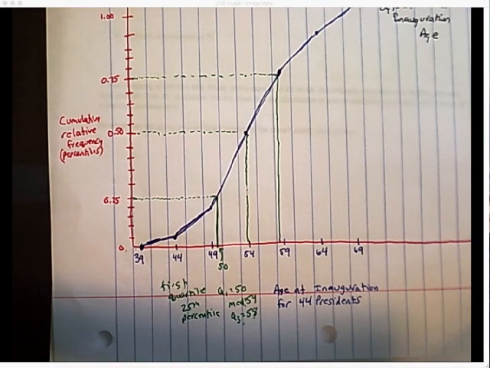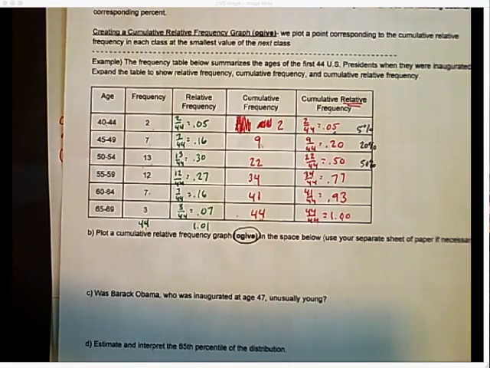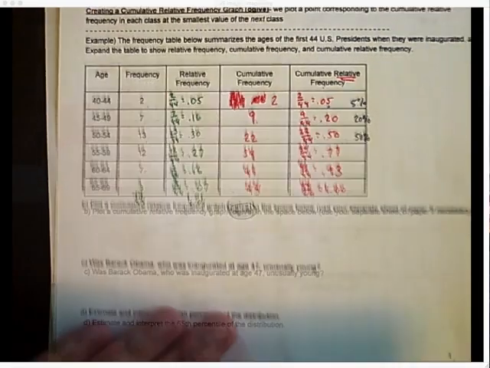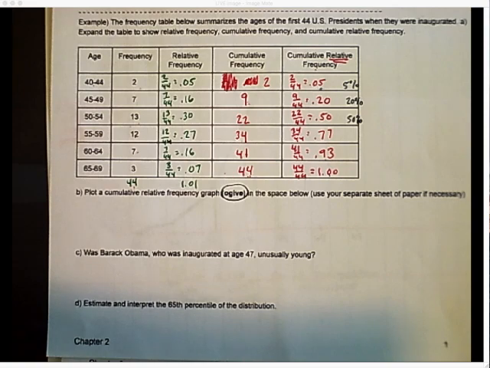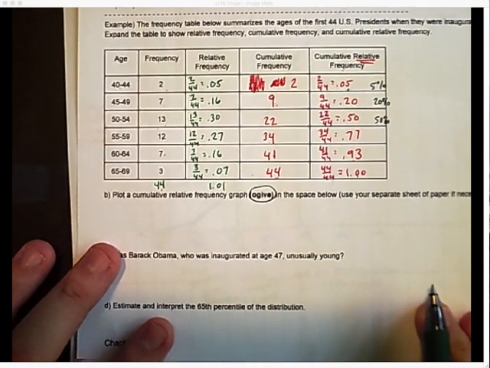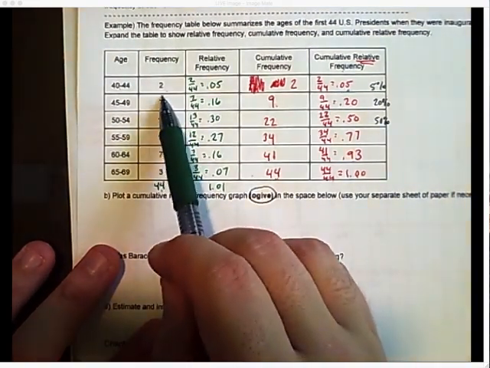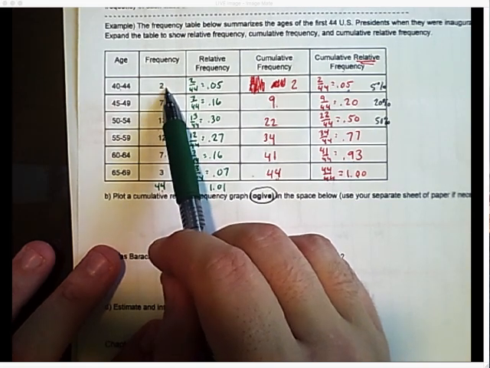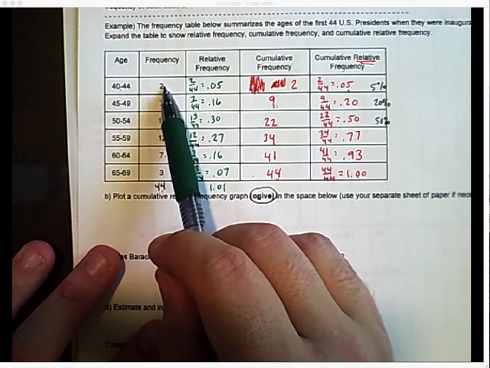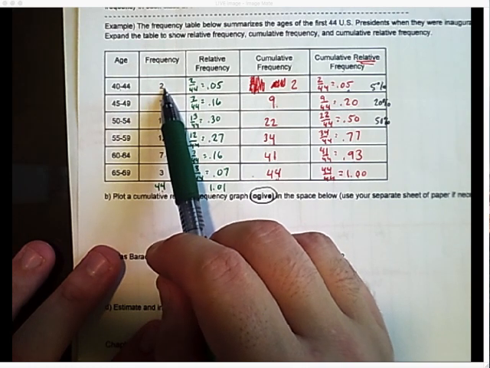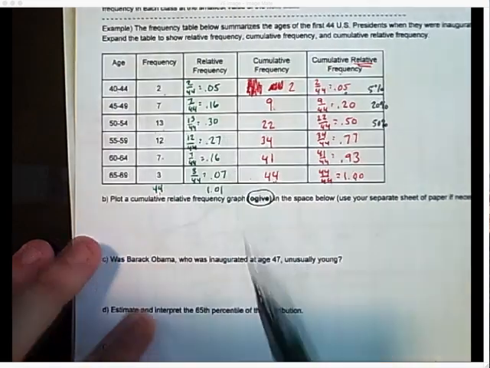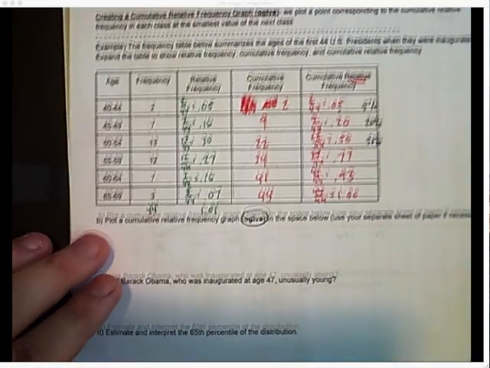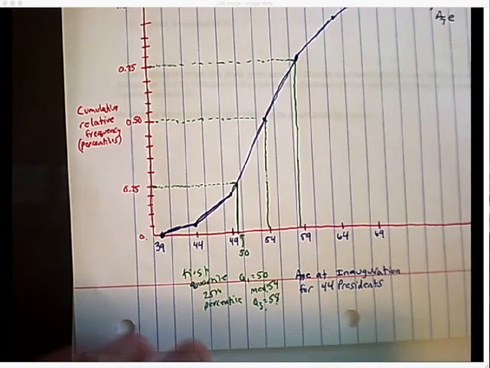All right. So let's answer a couple more questions on this first page. The first one says, was Barack Obama, who was inaugurated at age 47, unusually young? Okay. Well, Barack Obama fits into this category, or into this bin. So two presidents, at least two, were younger than he was when they were inaugurated. Okay, so if you want to think about percentages, let's go back to our ogive.